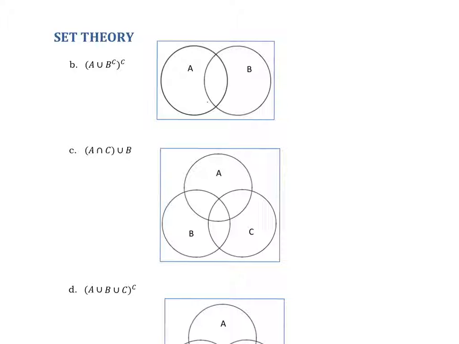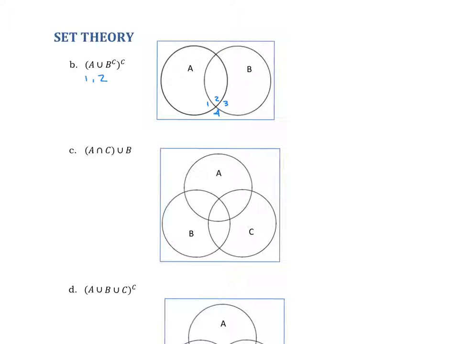Okay, let's number our regions again. On this one we want the union of set A and the complement of B, but we want the complement of that particular union. So set A can be represented by regions 1 and 2.